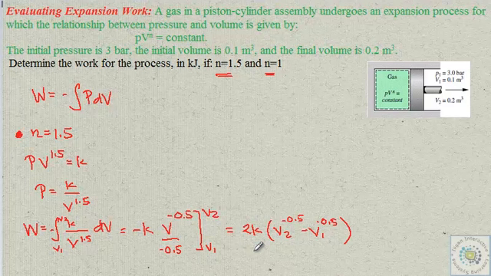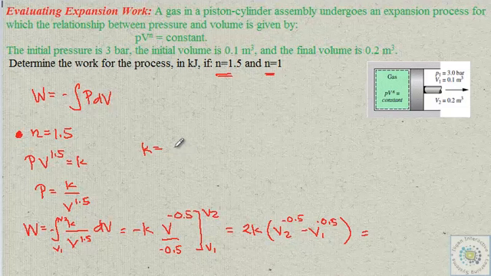So I think the only problem here is k. What is k in this case? Since k is a constant, we can evaluate it at any given state. In this example, k could be evaluated from the given P1 and V1. So let's evaluate k: PV^1.5. If we just use the first condition, P1 and V1, we'll have P1 of 3 bar, but I'm putting it in terms of pascals because the pascal is the standard SI unit for pressure.